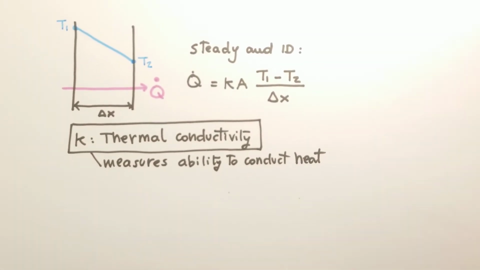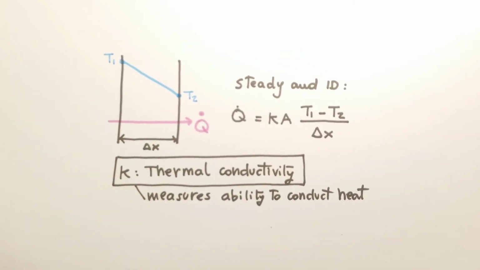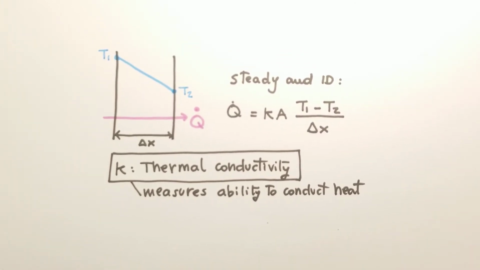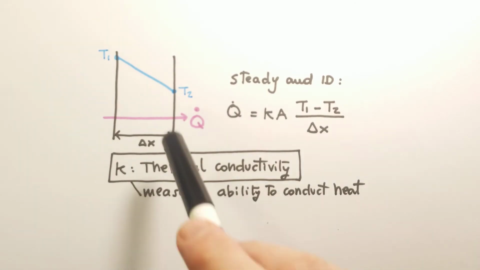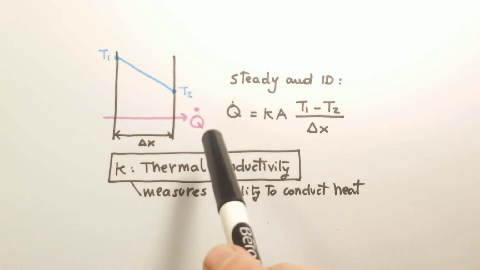We can consider one of the simplest cases in conduction. So we have a thin wall, and to simplify the analysis, we consider this wall to be thin with respect to the perpendicular direction of the flow of heat.